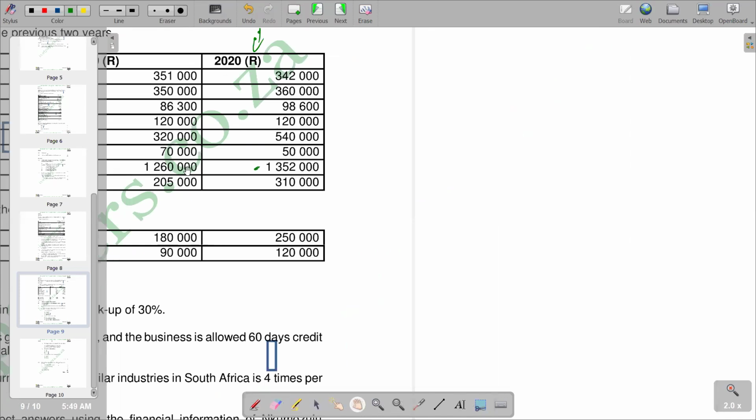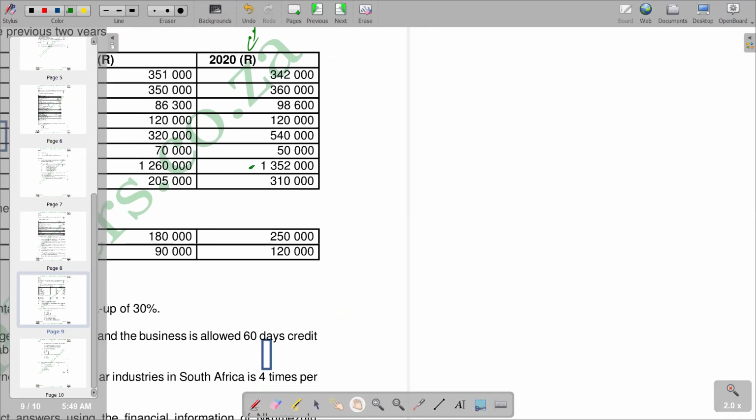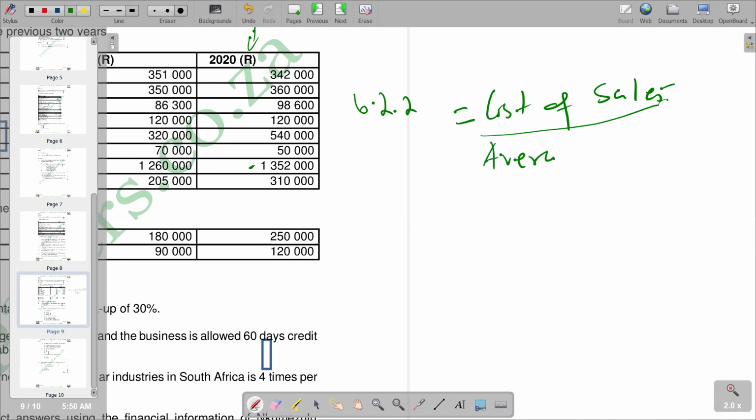So we are saying 6.2.2, individual turnover rate is equal to our cost of sales, and then we divide by average stock. So the answer that we're going to get, we leave it in the form of number of times.